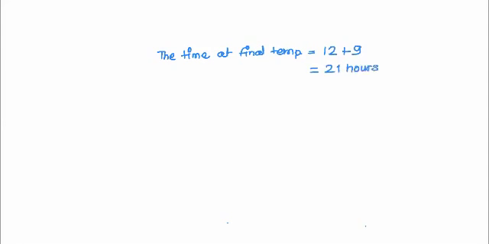And 21 hours in a 24-hour clock is 9 p.m. Therefore, temperature of minus 8 degrees centigrade will be at 9 p.m. Let's do example 7.